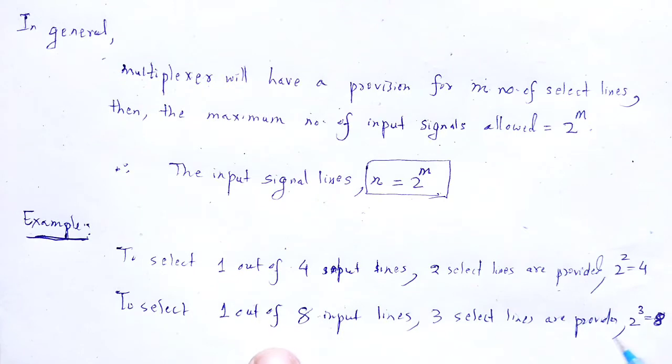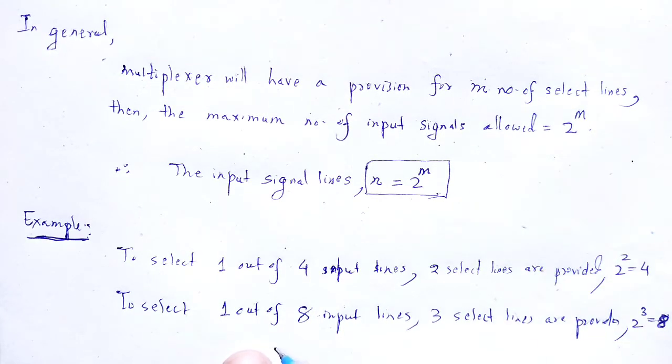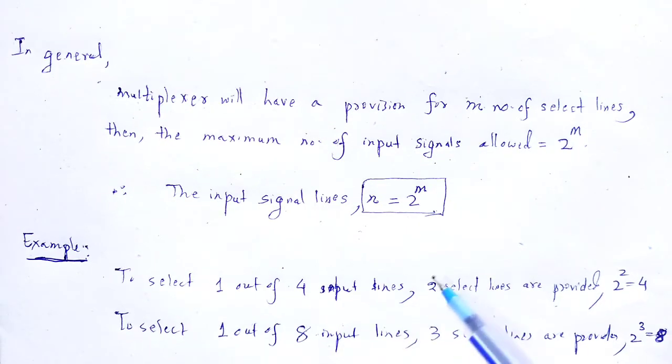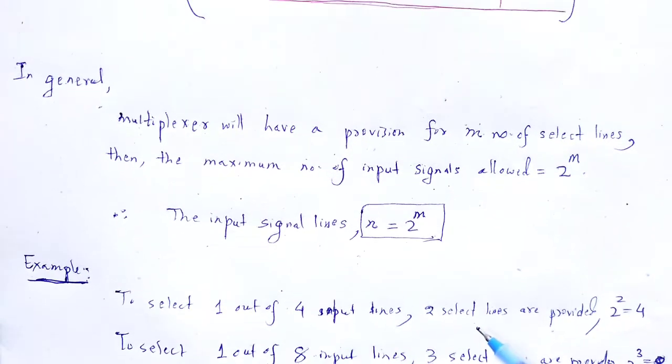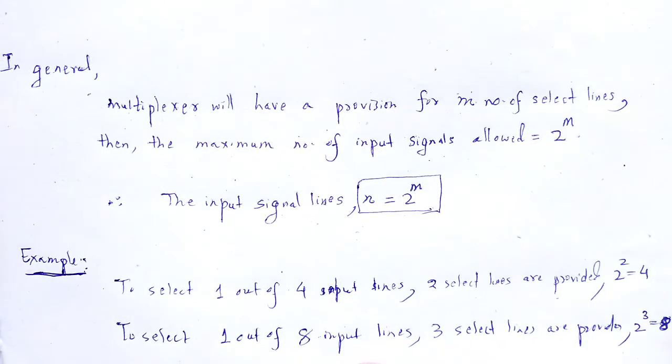Therefore, 3 select lines are provided to get 8 inputs to take 1 output.